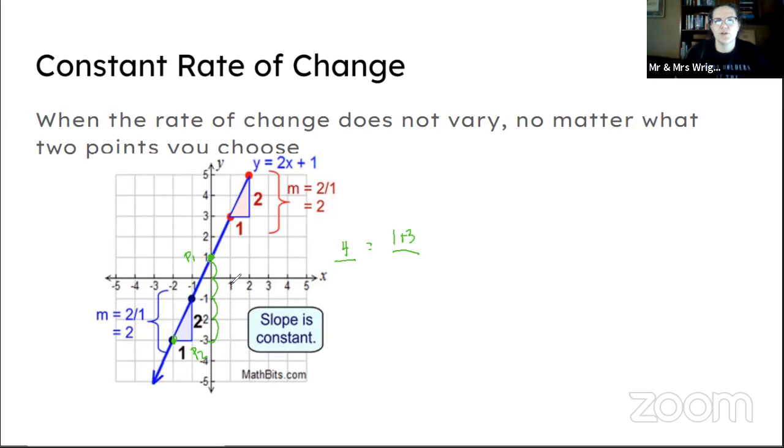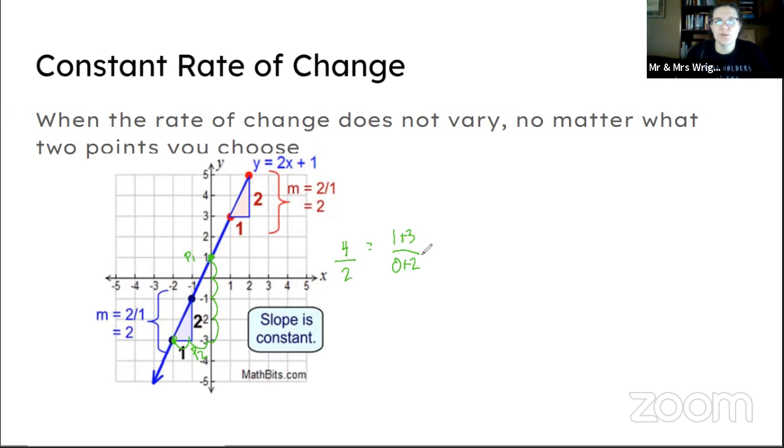So if you don't have a graph, you just have the numbers, you still have the ability to find the slope. Now, the horizontal change, if we remember, this is point 1, it's at 0, and this is point 2, it's at -2. So 0 minus a -2 is going to be a +2.